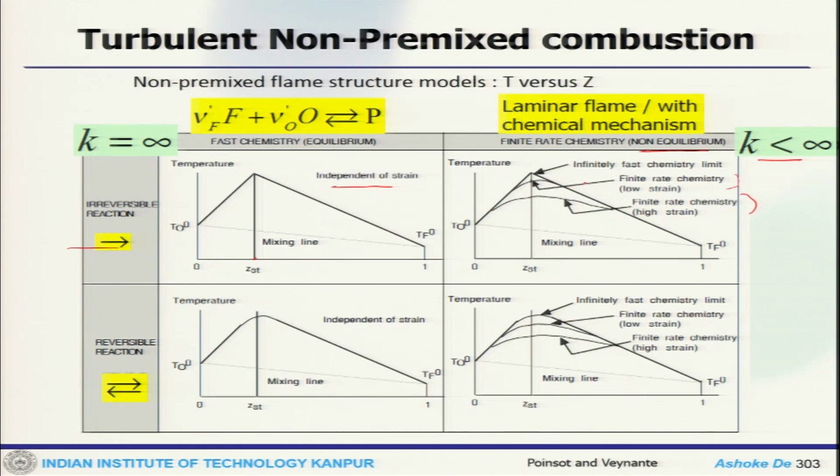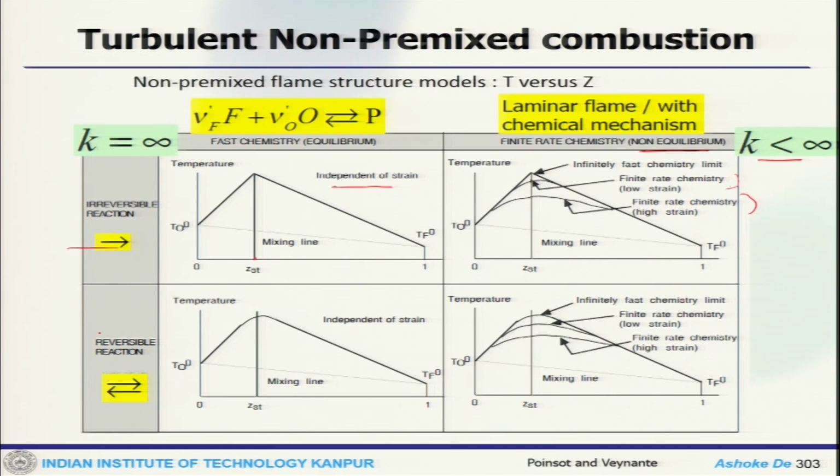This is a representative curve. Exact values can be obtained for a particular fuel using a particular strain rate. One can get this information. It is not quite difficult to obtain. One can write a few lines of MATLAB code and even get that.